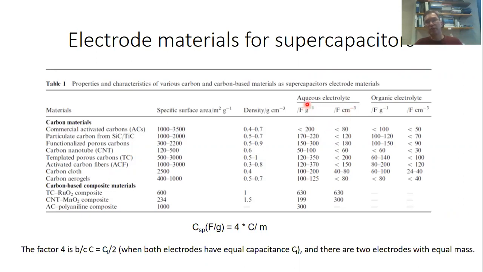In just 1 gram of carbon material, you can achieve a capacitance of 200 farad. You can easily imagine that you can fabricate capacitors out of multiple grams of electrode material that gives you capacitors that have capacitances in the order of several thousand farads.